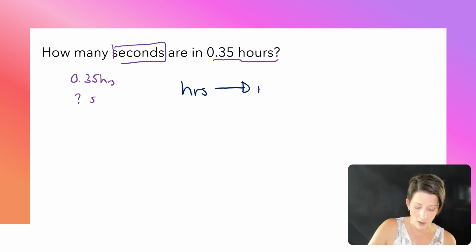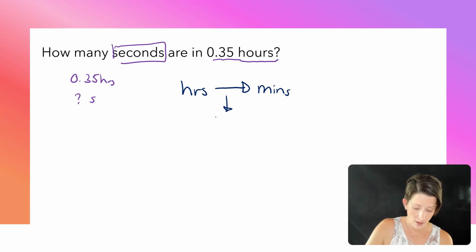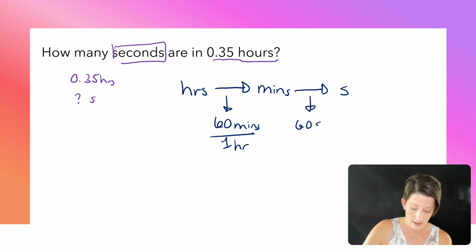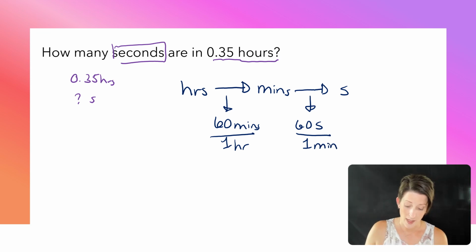I know how to get from hours to minutes because I know that there are 60 minutes in 1 hour. I know how to get from minutes to seconds because there are 60 seconds in 1 minute. So that gets me to the unit I am looking for. That is my unit map.